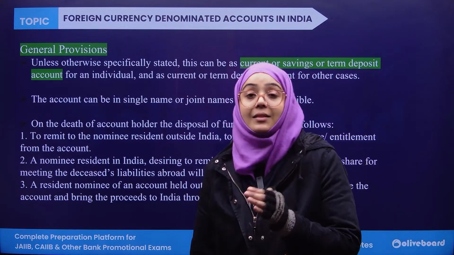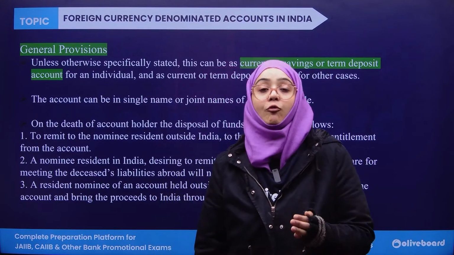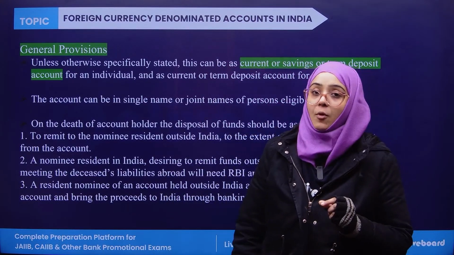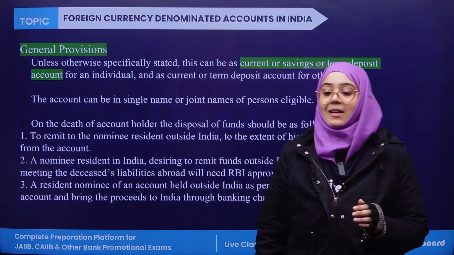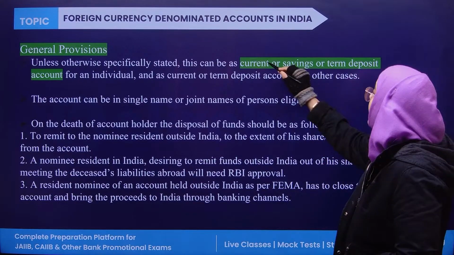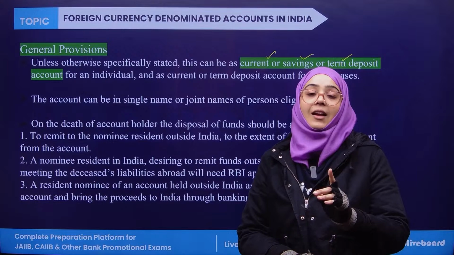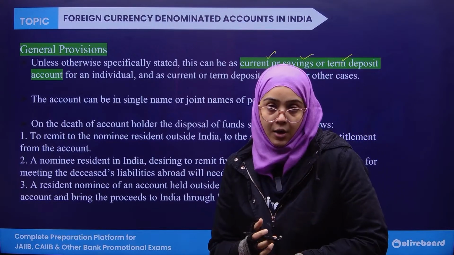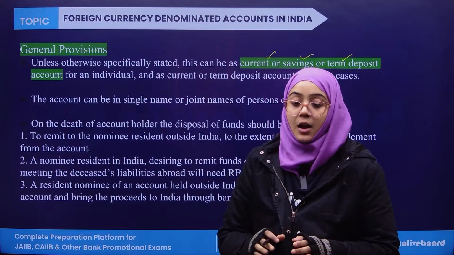Before starting the EEFC account, there are some general provisions for holding these types of accounts. First, unless stated otherwise, these accounts can be current, savings or term deposit accounts.